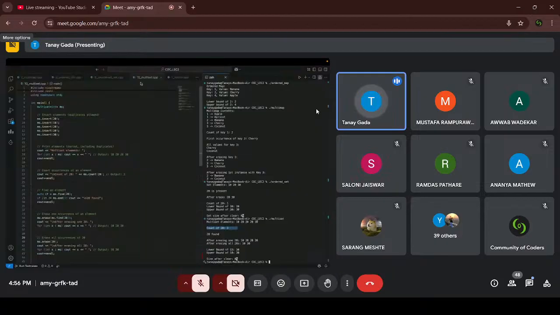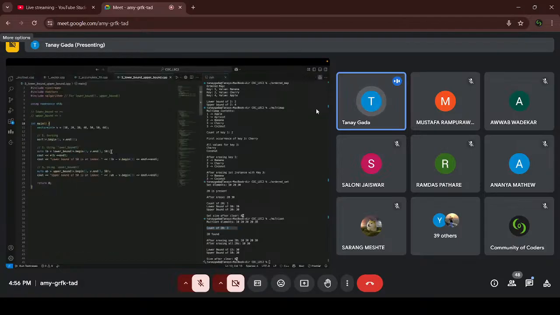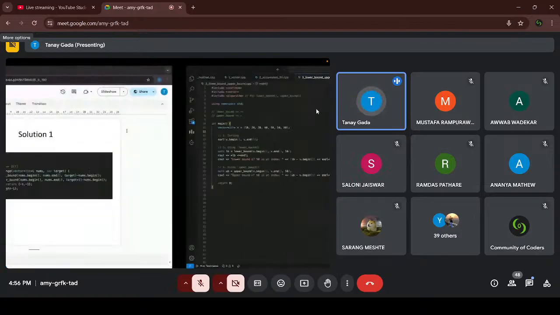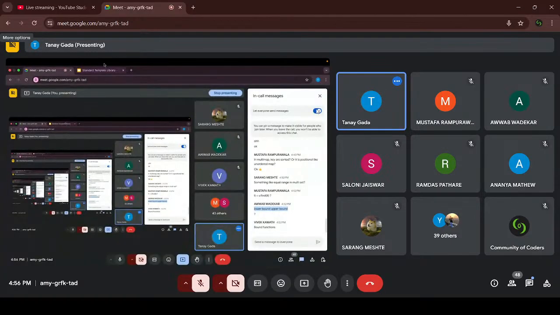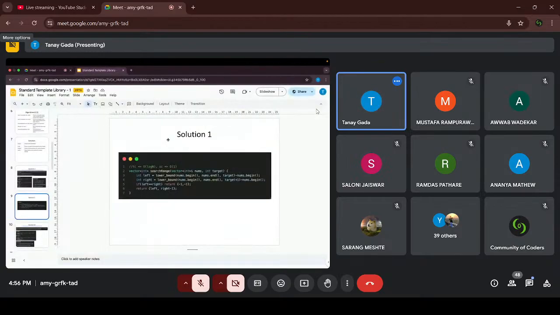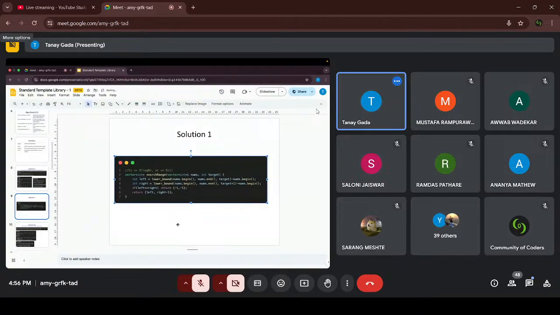As we did in this example, we used the 45 case, right? 45 was absent. We got both as index 4 for the lower bound and upper bound. So whenever the element is not present, we get the same lower bound and upper bound. So yeah, you can say this.